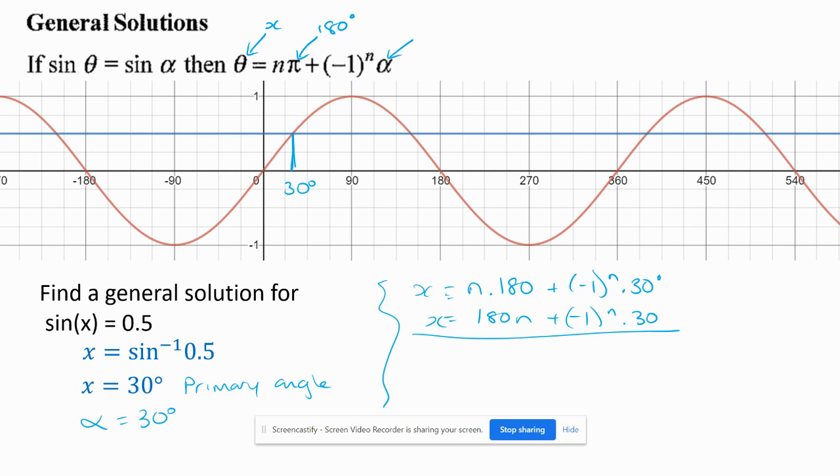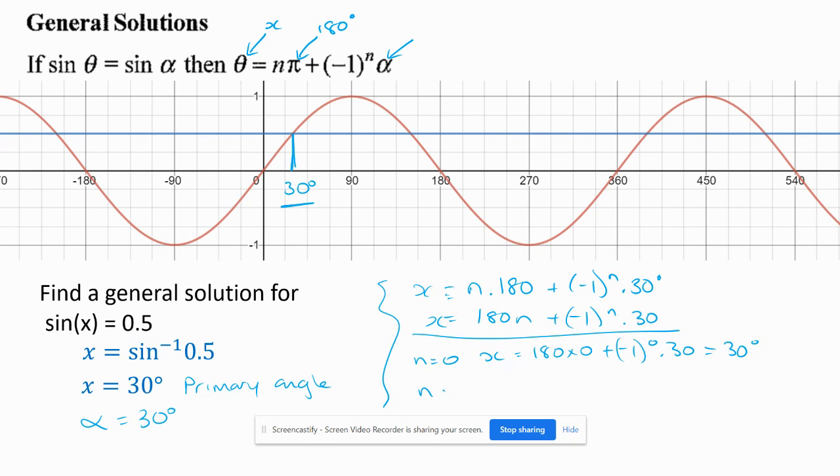If you want to use the general solution to find particular solutions, you can do this as well. When n is 0, x equals 180 times 0 plus negative 1 to the power of 0 times 30. That will give us 30 degrees, which is the first one that we've got here.